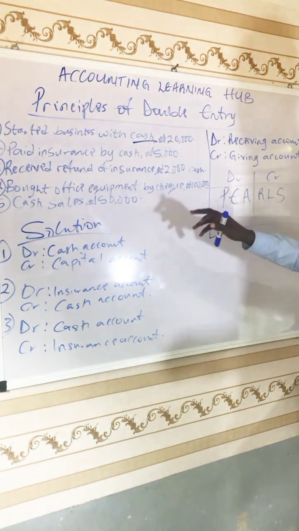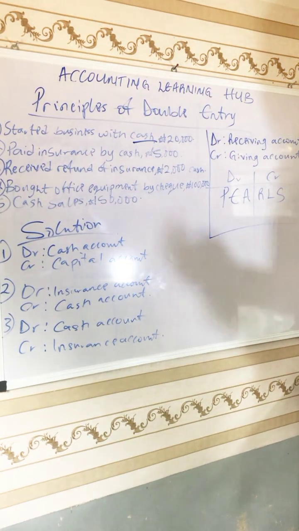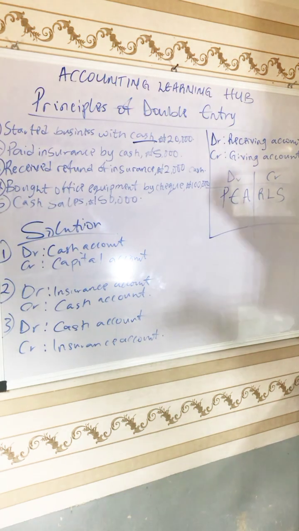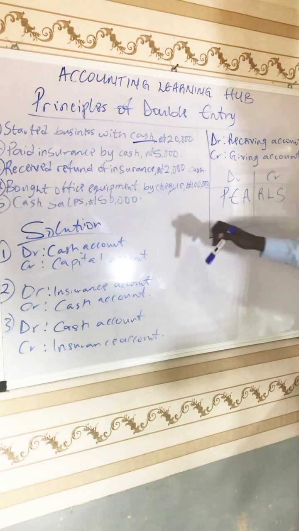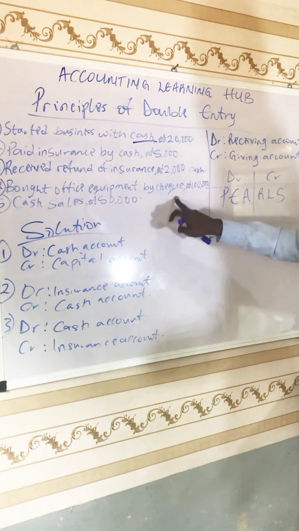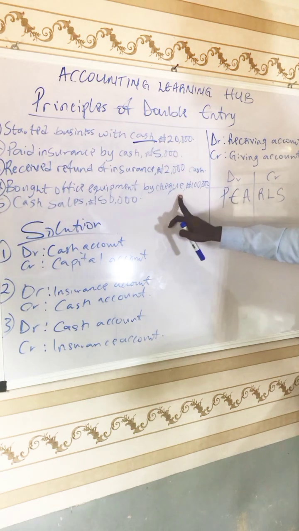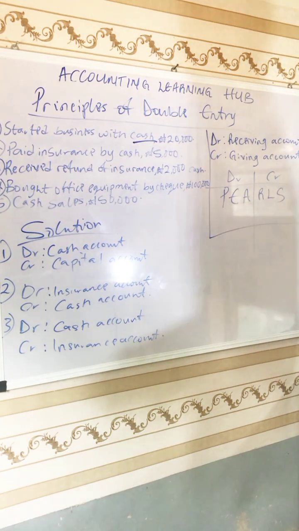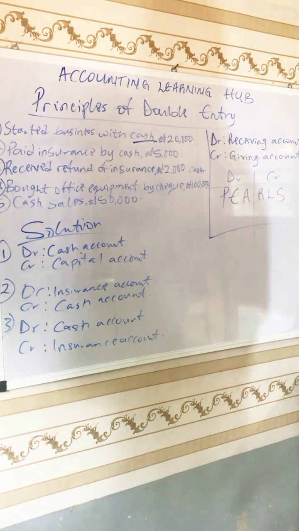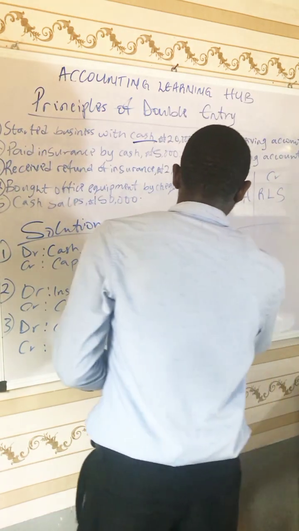And the payment was made by check. So this is not cash, it is by check. The other account involved will be bank account, not cash account this time, because the payment was made by check, not by cash as the previous cases. So what we are going to do is question 4.